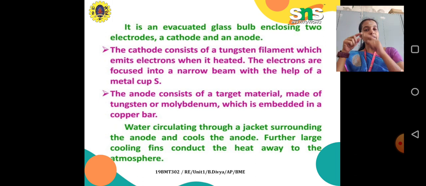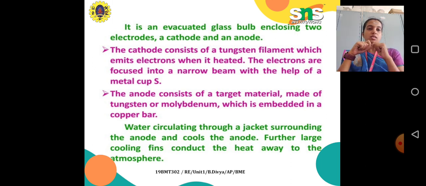As I told you already, the transformers are connected to the rectifiers. The rectifiers are also connected with the copper bar, and that copper bar is connected to the anode, which is made of tungsten or molybdenum.